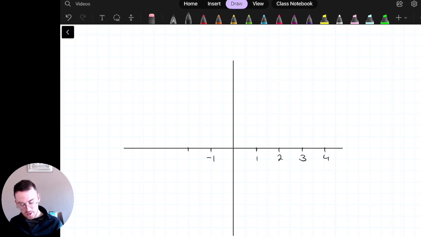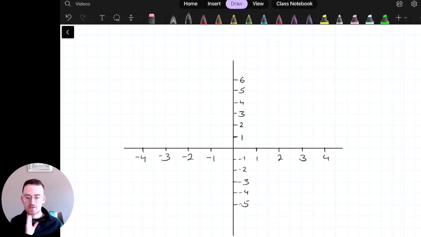So minus 1, and I'm keeping my spaces consistent along the x-axis. On the y-axis, I can go up in 1s because there might be some points where I have to go up fairly high, so I don't want to leave myself short of space if that's the case. Minus 5.